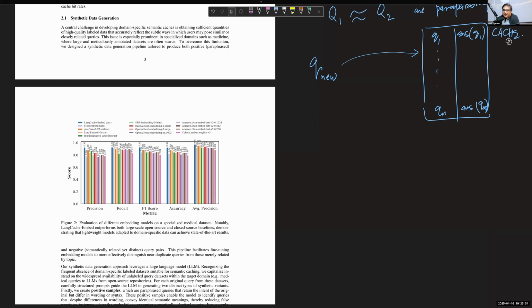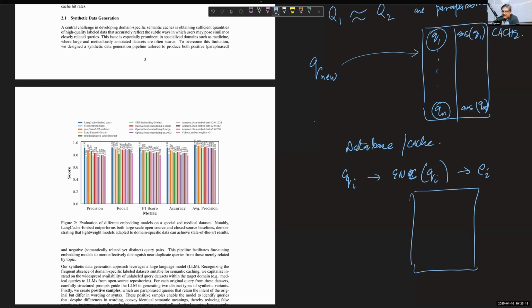Suppose you created a tiny little database cache, which did not put it like this, but instead what it did is it took each query i, encoded the query i to create Ei, and then created a cache in effect of Ei and the answer to this question.